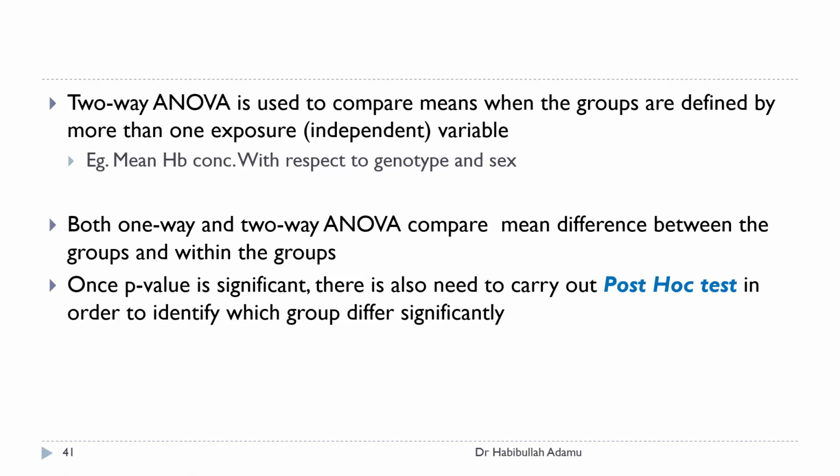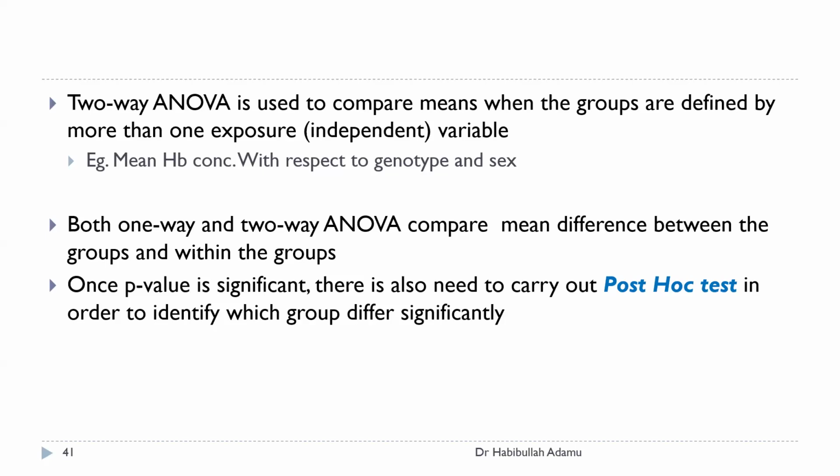For example, you compare mean values between AS, SS, and AA, and it shows you there is a difference. So how do you know which of the groups is responsible for that significant difference? Is it the SS, is it the AS, or is it the AA?